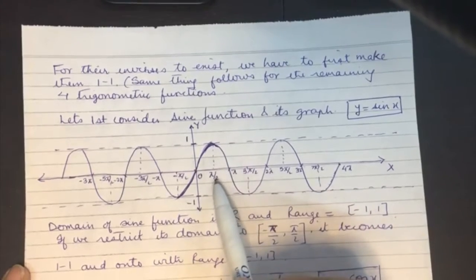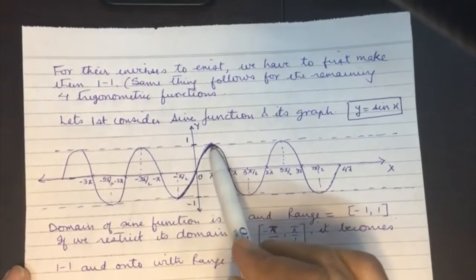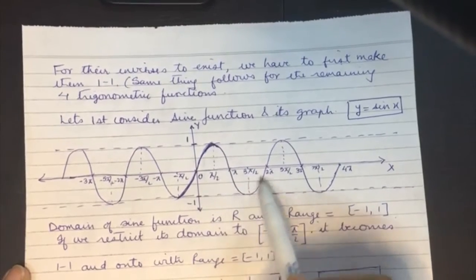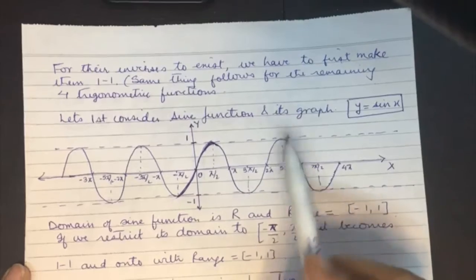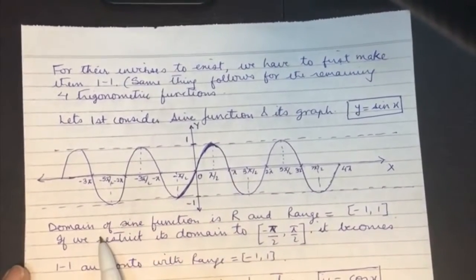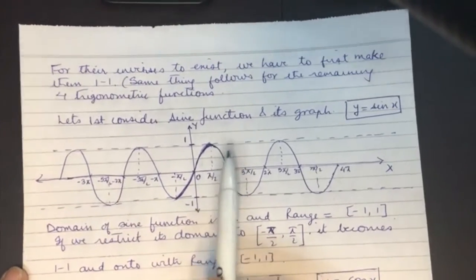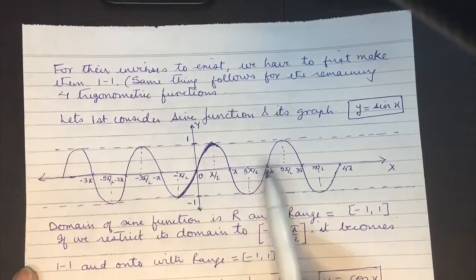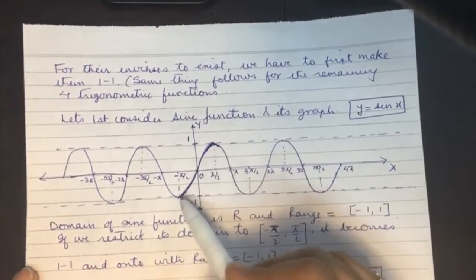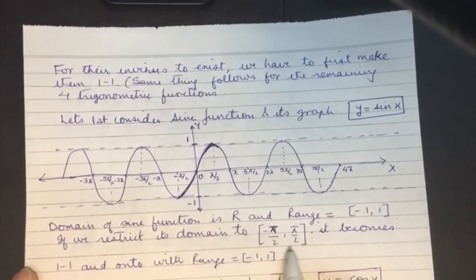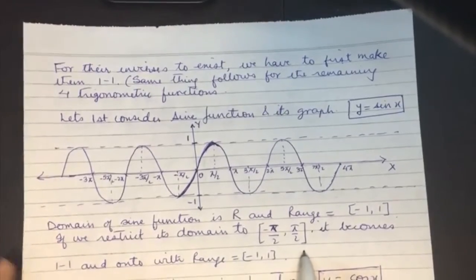In the same way, when it lies between pi by 2 and 3 pi by 2, all the values lying between minus 1 and plus 1 are there. Similarly, it repeats. So if you restrict the domain to any one of these small branches, the function sine becomes 1-1, and of course, it is already onto. But we prefer that branch which contains the first quadrant, and that's why we restrict the domain to minus pi by 2 to plus pi by 2.